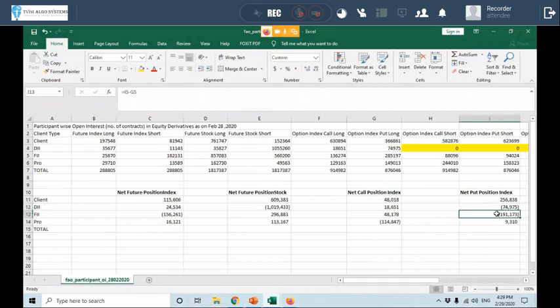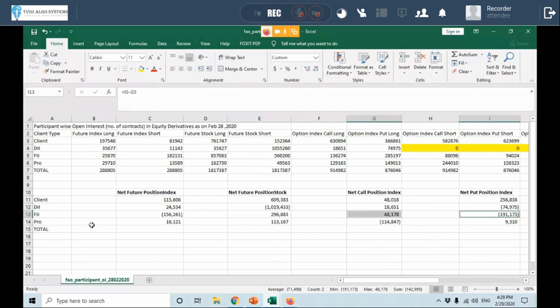Look at the amount of put positions they have, and this is for the March contract. FII future position is for the March contract. We don't know whether this call position and put position is for which expiry: current Thursday, next Thursday, or the monthly Thursday.